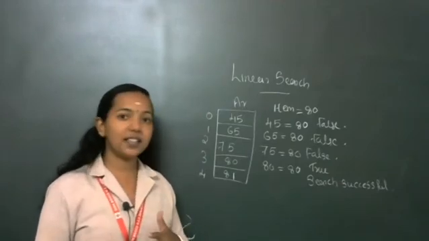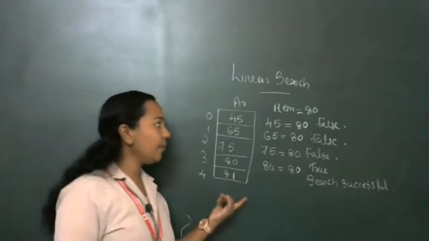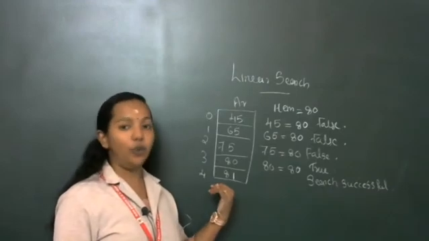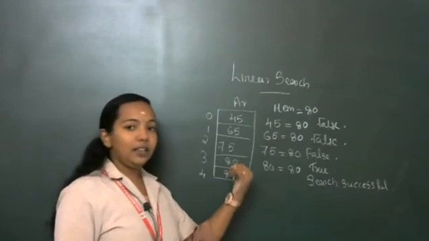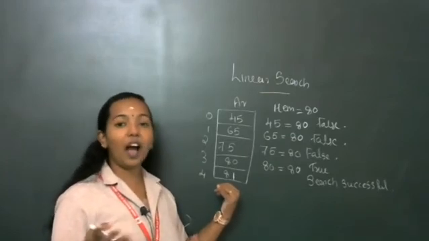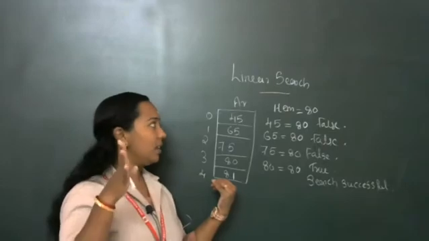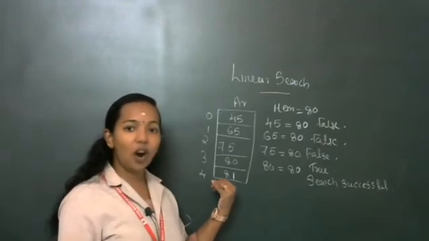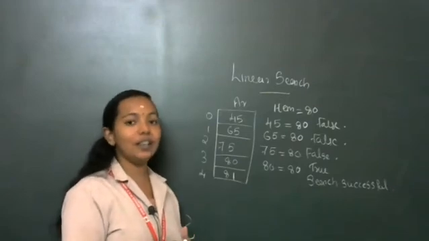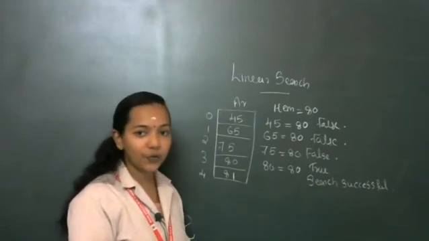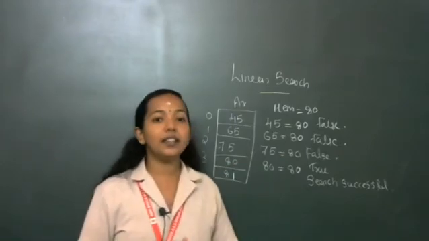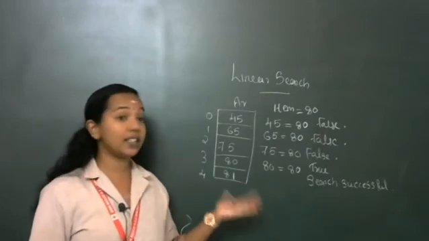Now, if the item is 83, is 83 present in this array? No, it is not present, but the searching procedure will continue until the last element. After the last element, if the item is not present, then the search is an unsuccessful search. Clear? So this is the linear search illustration.